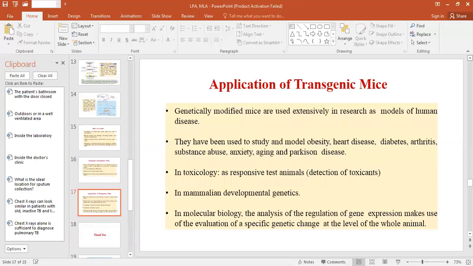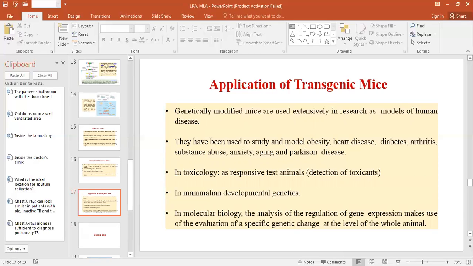These transgenic or genetically modified mice are used extensively in research as models of human disease. They have been used to study and model obesity, heart disease, diabetes, arthritis, substance abuse, anxiety, aging, Parkinson's disease, and also in toxicological studies.